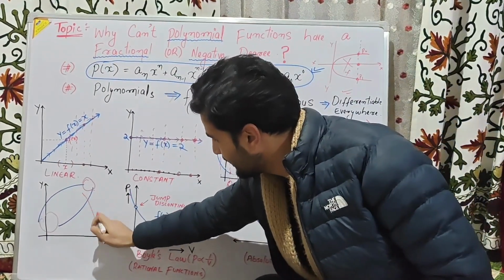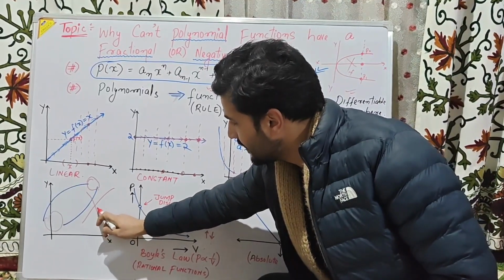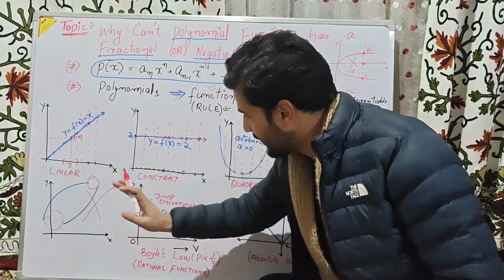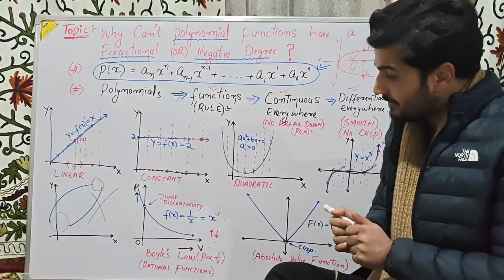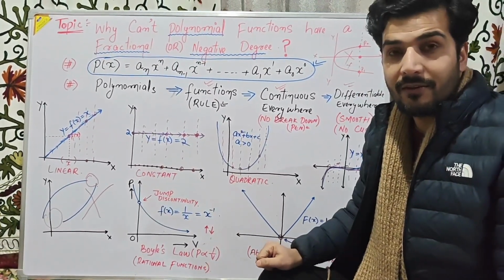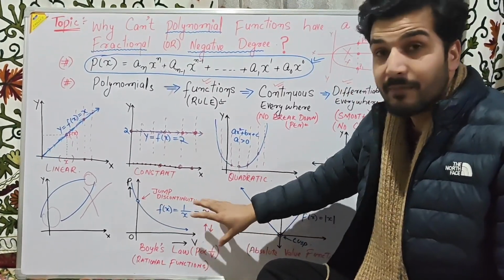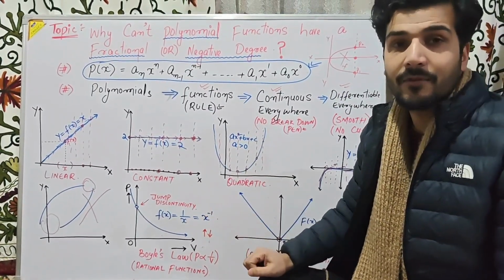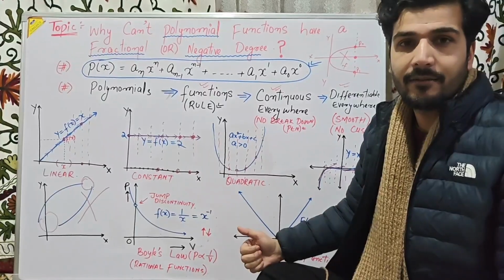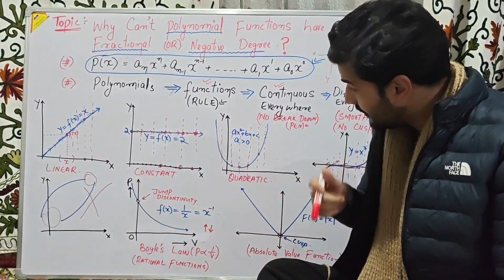So it is neither a function, nor continuous, nor differentiable. Now let us move to another graph of a function, which is most important not only as far as mathematics is concerned, but also from the perspective of physics. As far as physics is concerned, we will take the graph of the function.